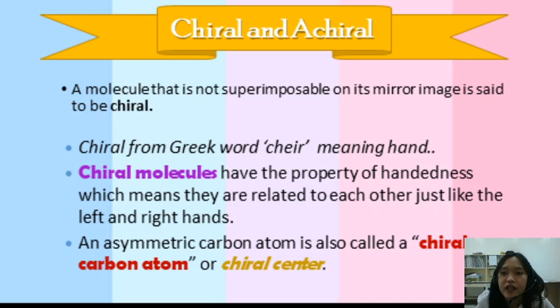So you have chiral and achiral. A molecule that is not superimposable on its mirror image is said to be chiral. The word chiral comes from the Greek word chir, meaning hand. Chiral molecules have the property of handedness, which means they are related to each other just like the left and the right hand.